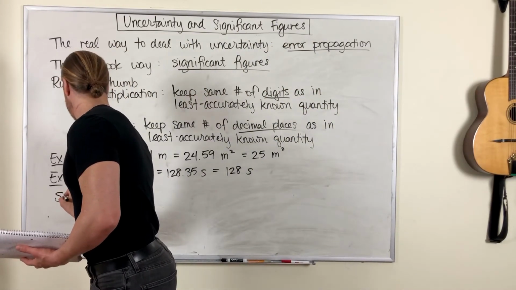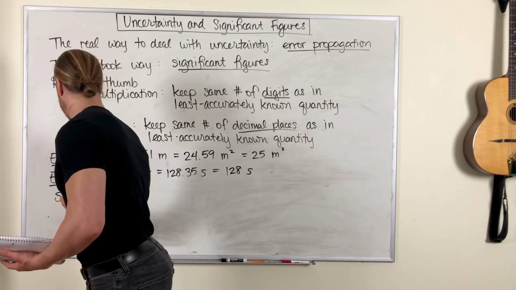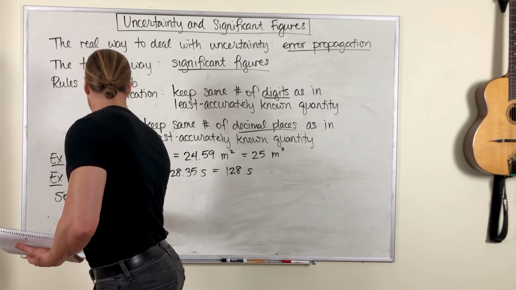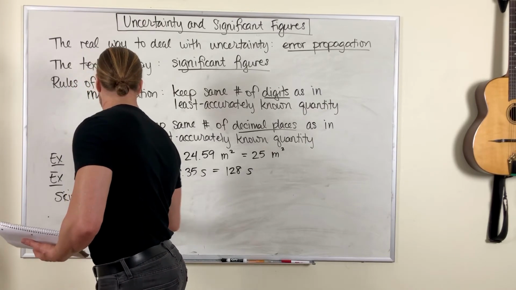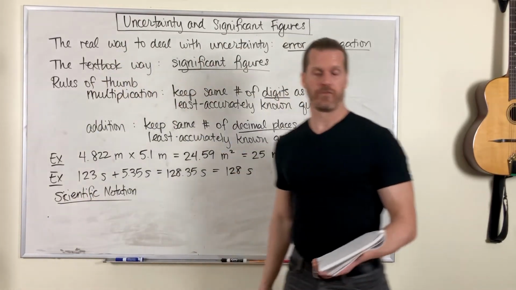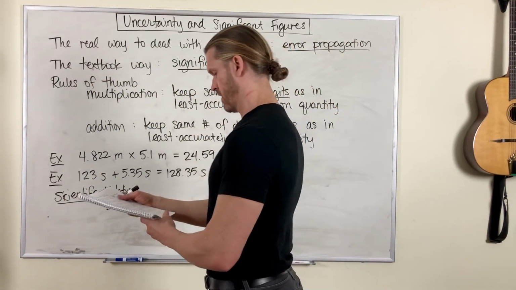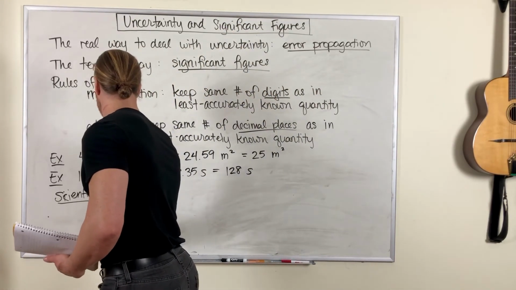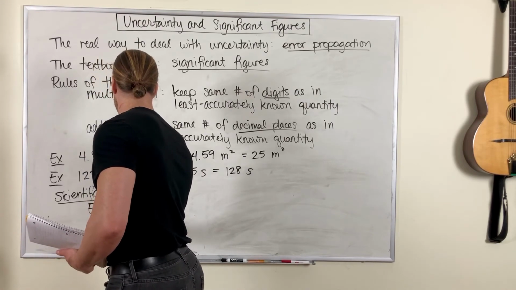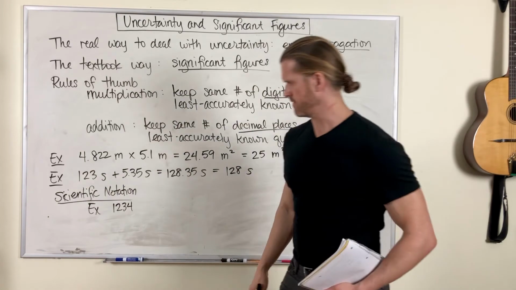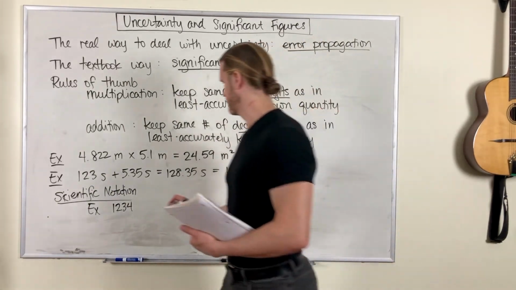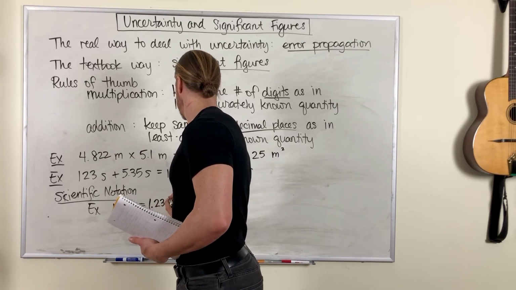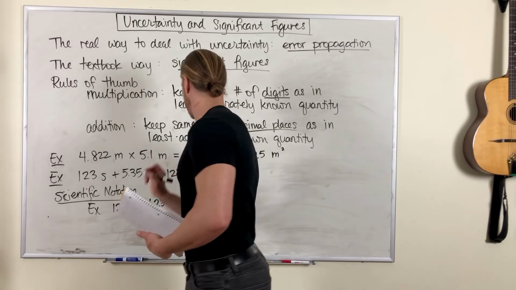So let me show you just a few examples of scientific notation and how it helps us communicate significant figures. Let's say we have the number 1,234. This number has 4 significant figures, and written in scientific notation, it would look like 1.234 times 10 to the third.